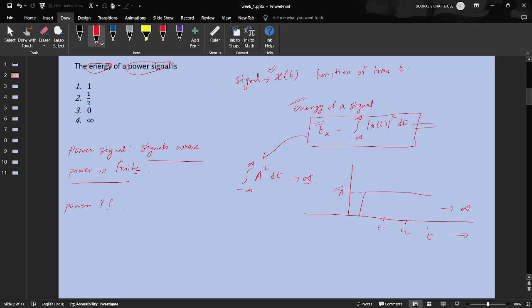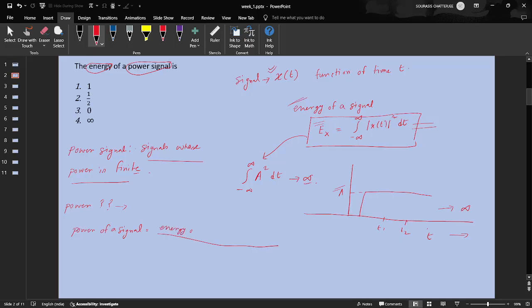So intuitively, I will give the expression later, I would rather rely on intuition here. What is meant by power? Let's say power of a signal is a ratio, I would call it, and a ratio of what?